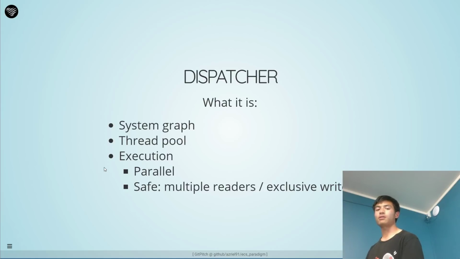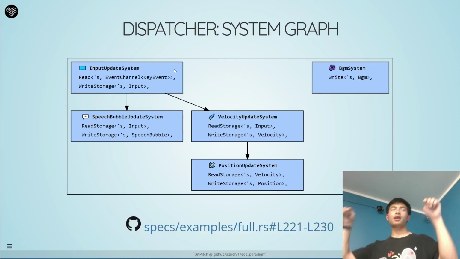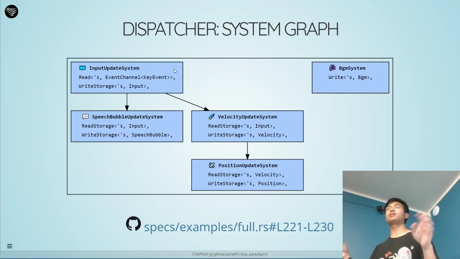So in picture form, it's something like this. This whole box, this big wider box, is our system graph. Any nodes without an incoming edge are able to be run at the start or anytime they want.